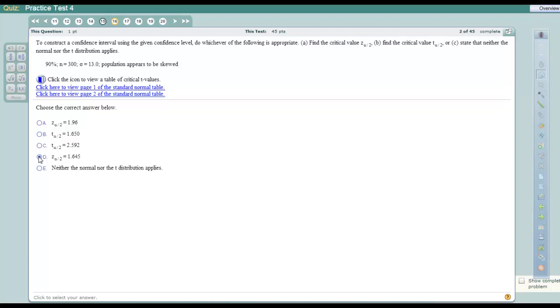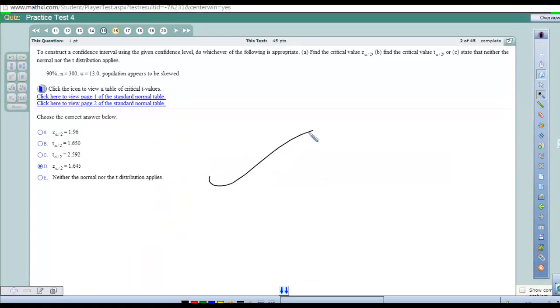Questions about that? Inverse norm 0.05, because we've got a 90% confidence interval, so we have half of alpha in each tail. So 0.9 in the middle, we'd have 0.05 out here and 0.05 out here. All right, very good.